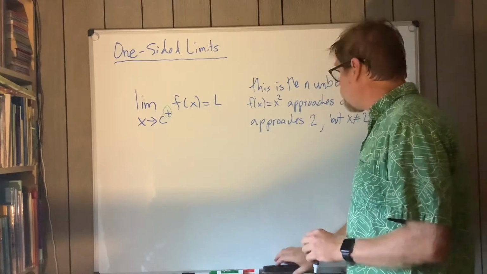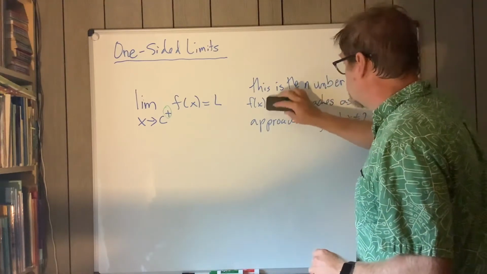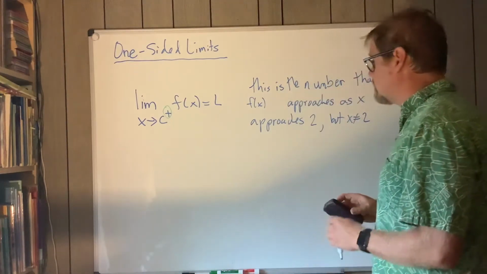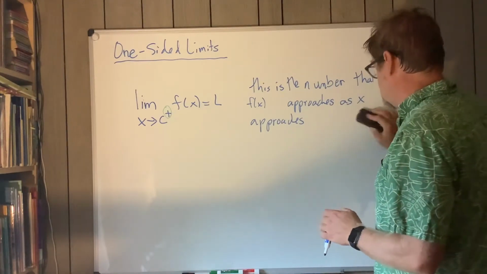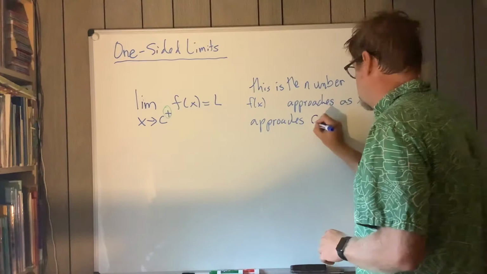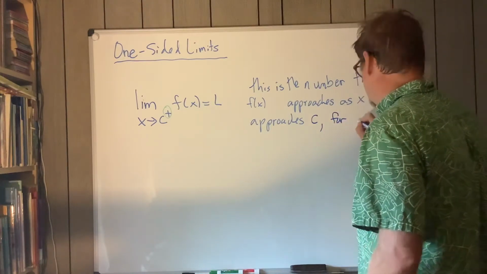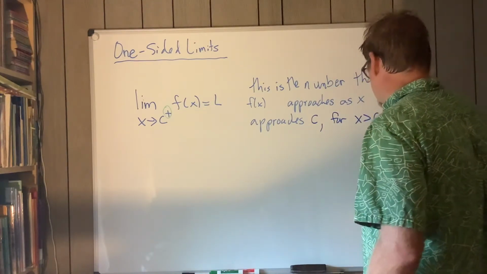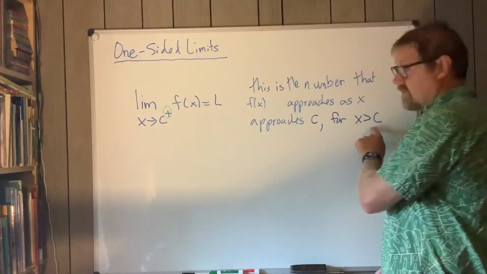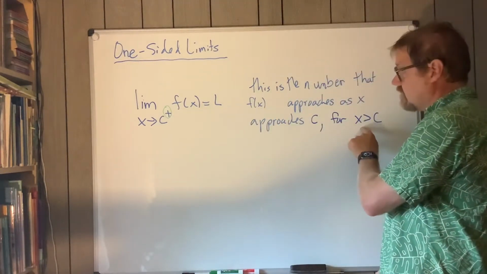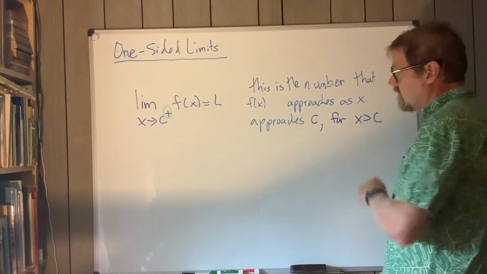So basically this is the number that f of x approaches as x approaches c for x greater than c. So when we say plus, we're on the positive side of c, so x is greater than c.